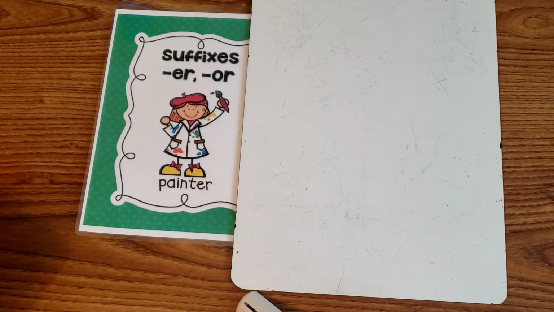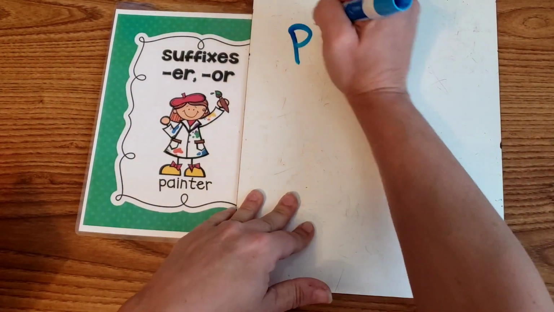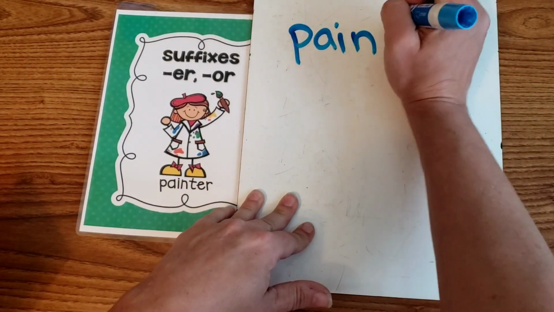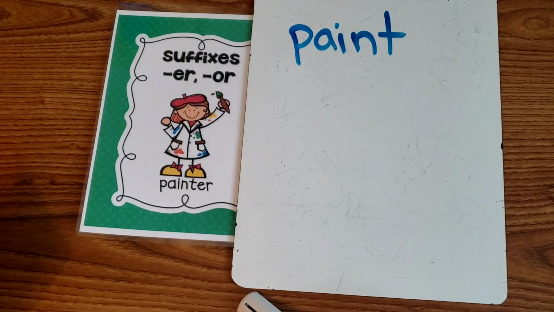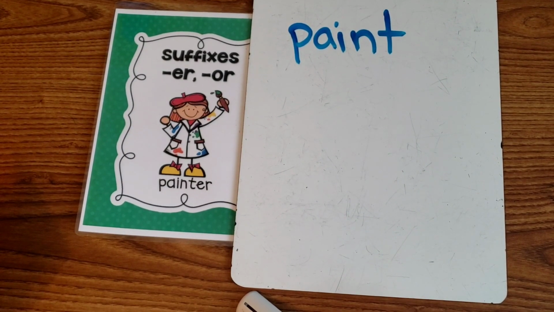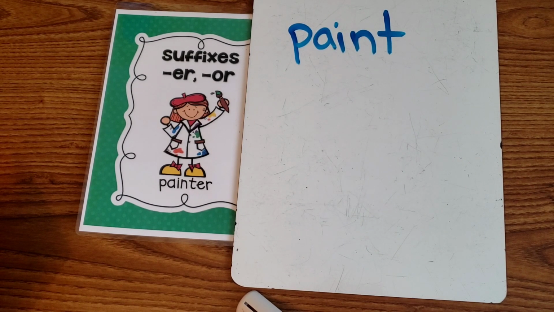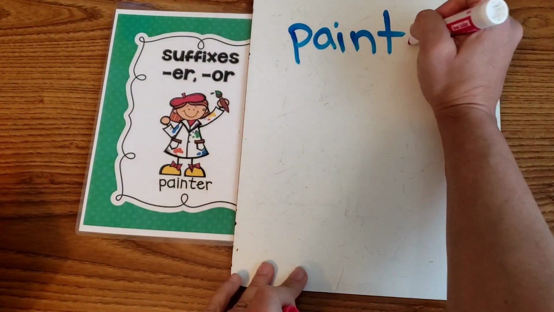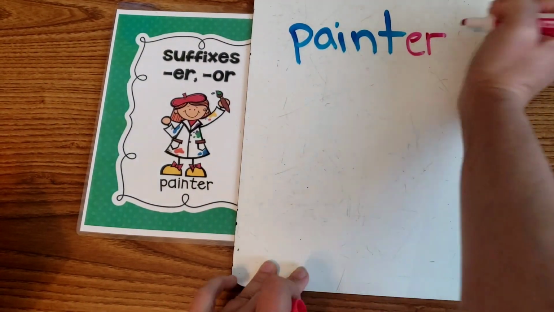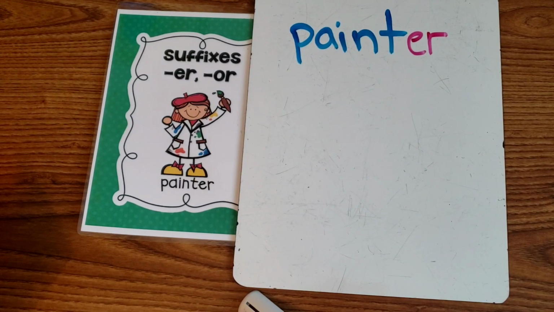So let's do an example. Paint. Paint is a verb. It's an action, right? So whenever you have a verb and you add our ER or OR ending to it, you are changing that verb into a noun. So we have the verb to paint, and then we add our ER suffix, and now the word has changed.